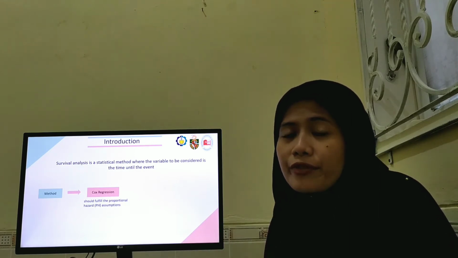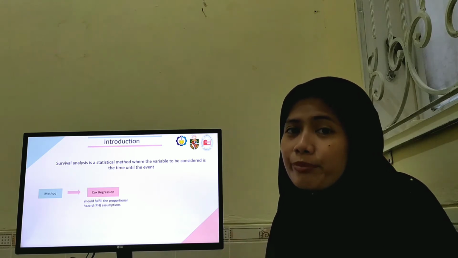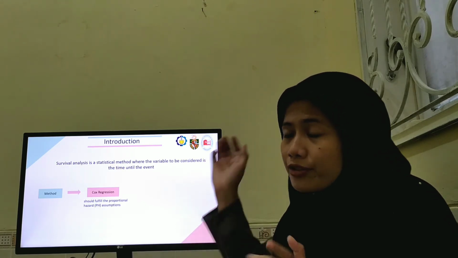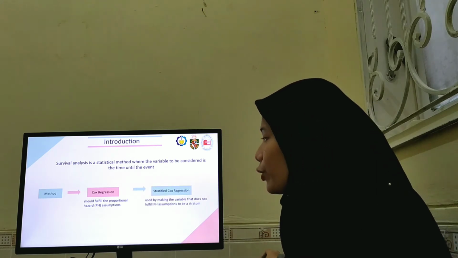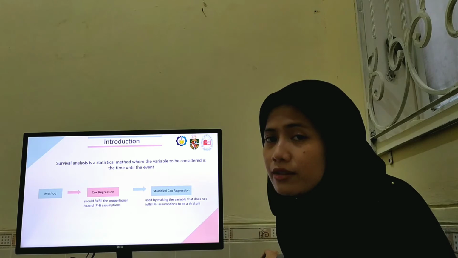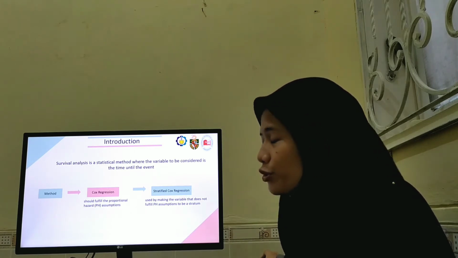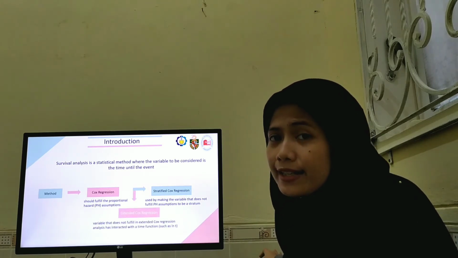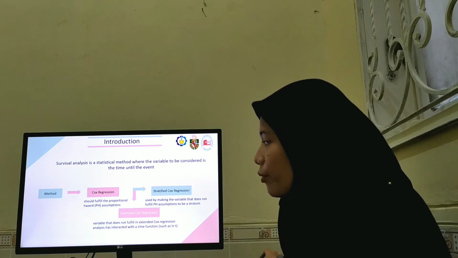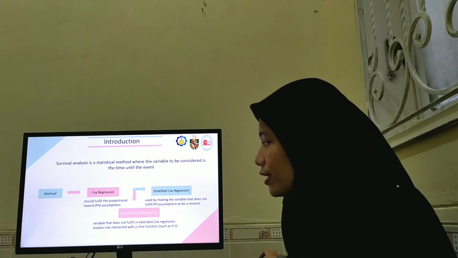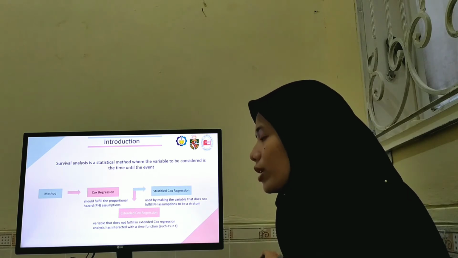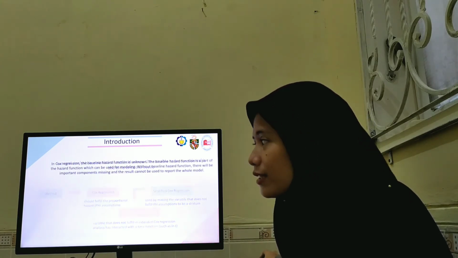But if a variable doesn't fulfill the proportional hazard assumption, the methods that can be used are, first, stratified Cox regression, which is used by making the variable that doesn't fulfill the PH assumption a stratum. And the second is extended Cox regression, where the variable that doesn't fulfill the assumption is interacted with a time function such as length.